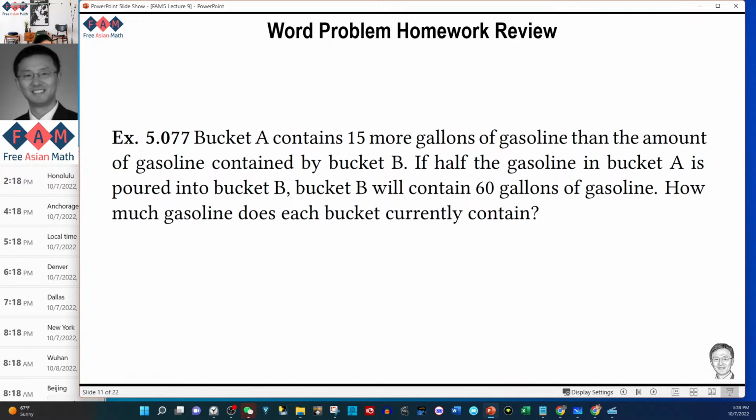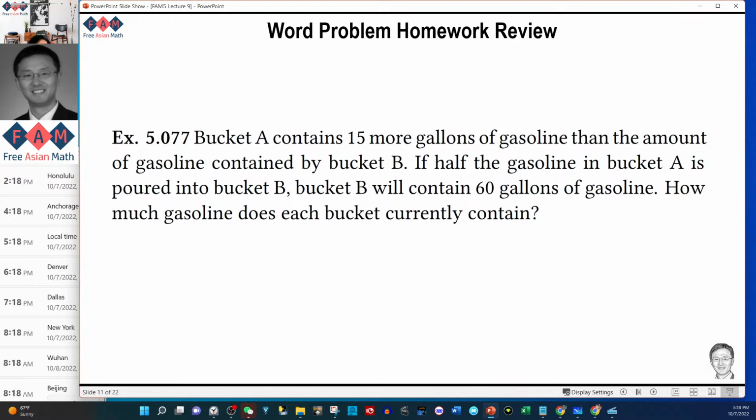The inverse is double, right? Now if you imagine B is now 60 gallons, what is that? It's all gasoline, and it contains half of A. How can we use that half information?